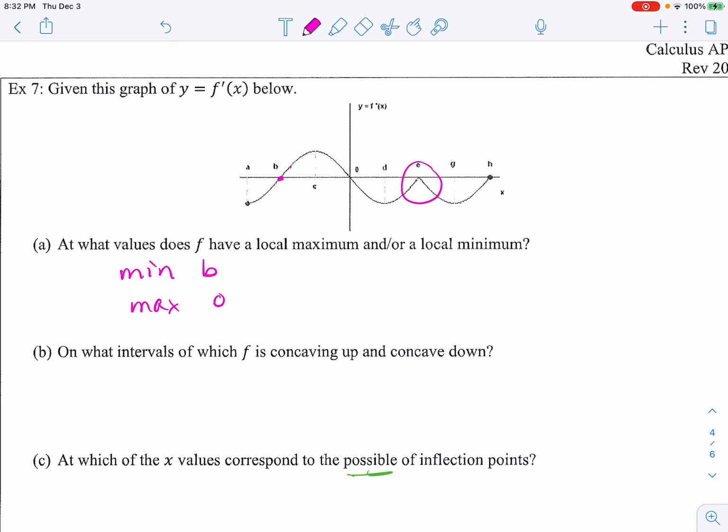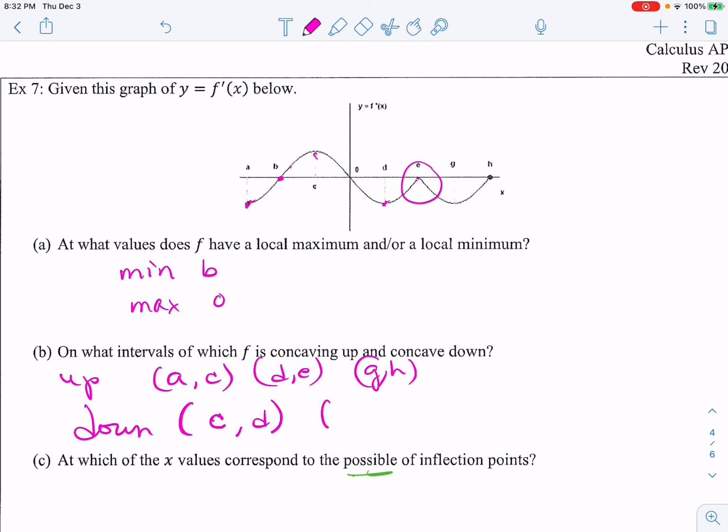Concave up and down. 0 to A to C, it's increasing, so that's up. And D to E. And G to H. Down: C to D, E to G. Okay.